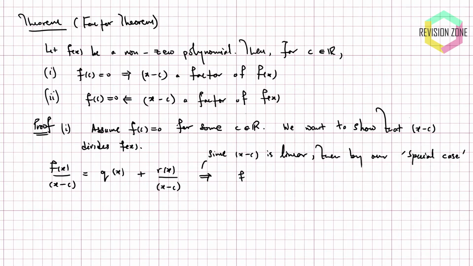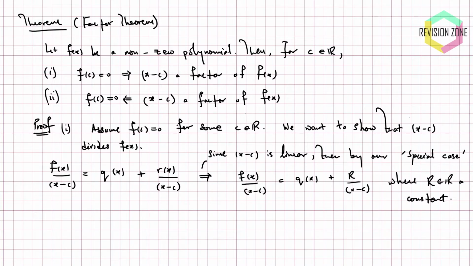So we can say f of x over x minus c equals q of x plus, let's just call the constant capital R, over x minus c, where R is a constant. Of course, that's our remainder.